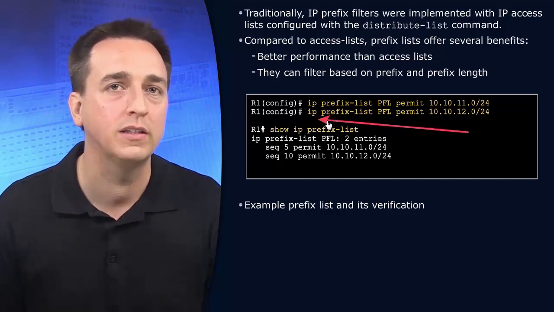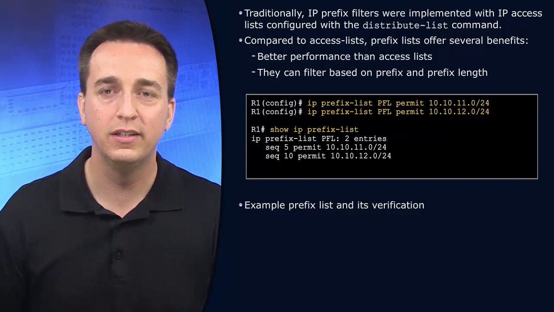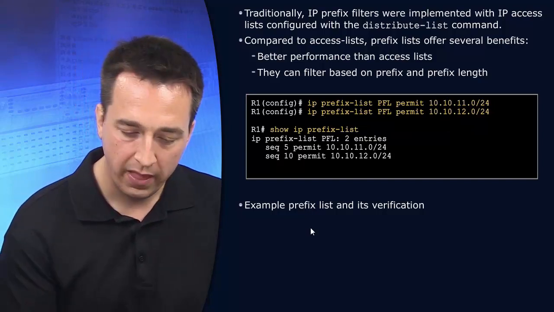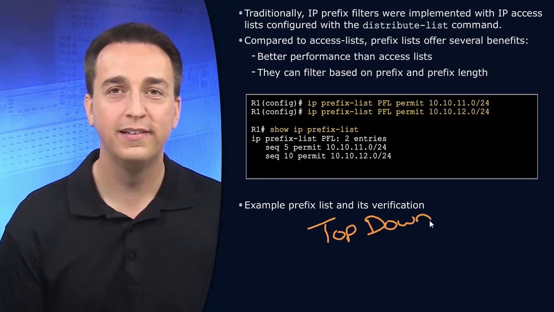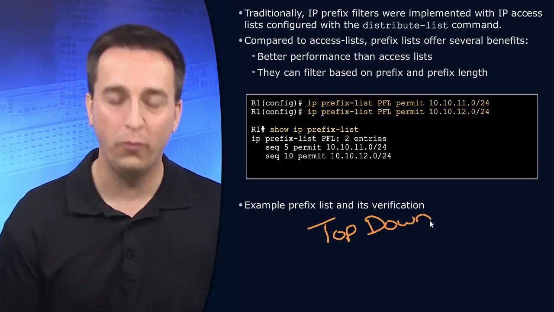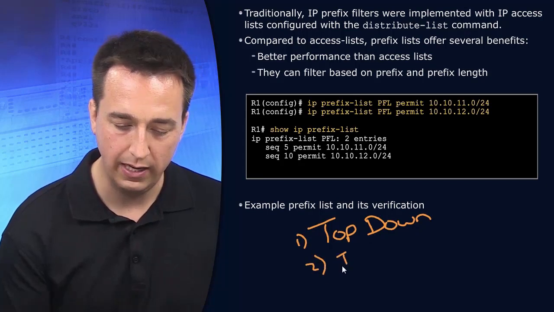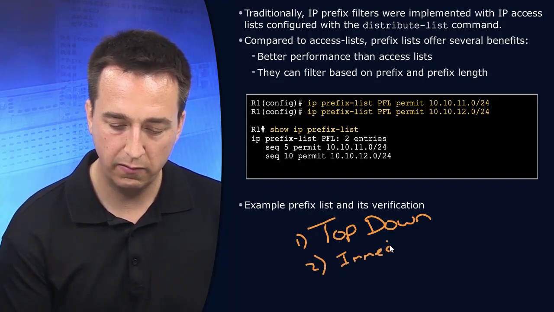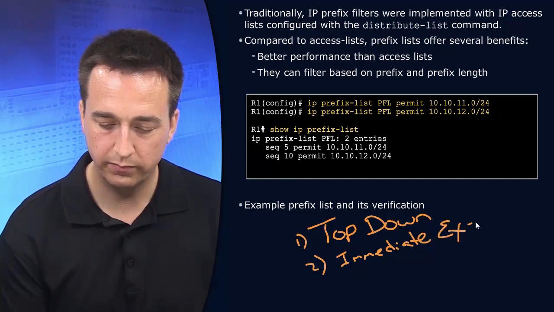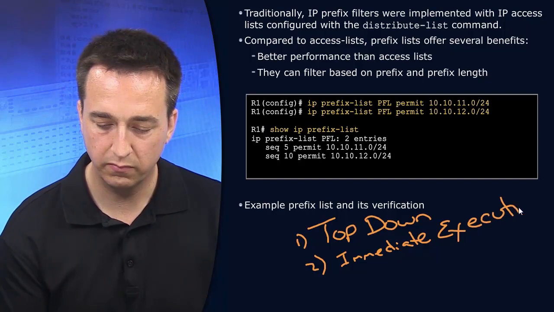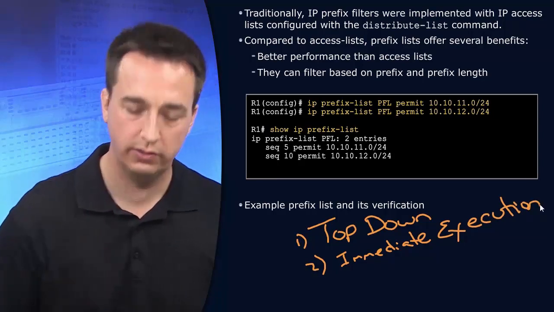So how is a prefix list processed? Just like an access control list. What do we have? We have top-down processing. Number one. Number two, immediate execution upon a match.